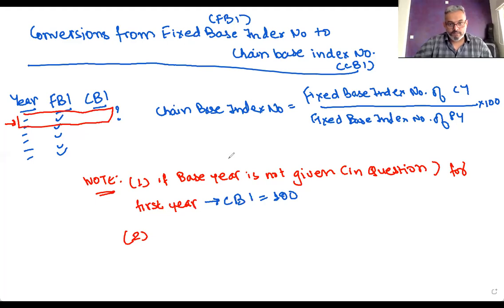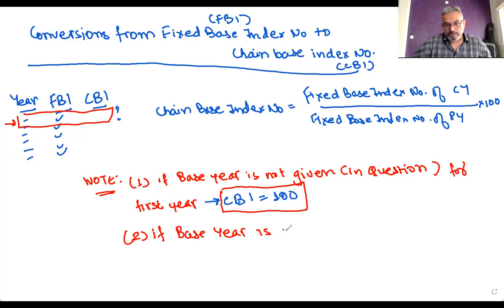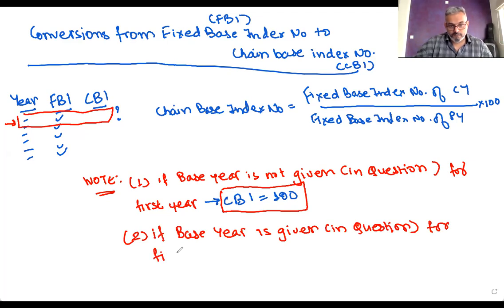Second one: if base year is given in the question, then for the first year, CBI is equal to FBI.